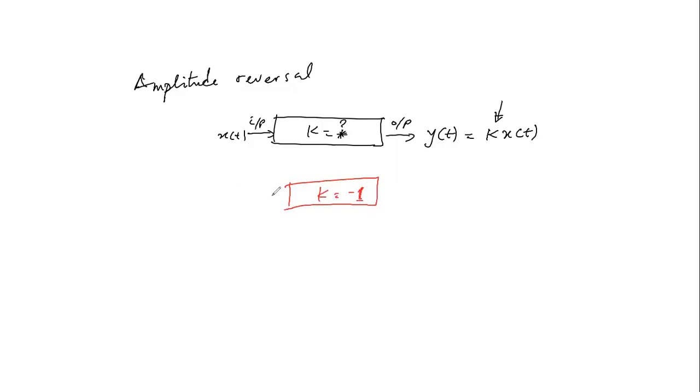And then we have a signal into the input, so we expect the amplitude reverse version at the output. So if we say we have the signal, say this is 3, and this is positive 3, s of t.